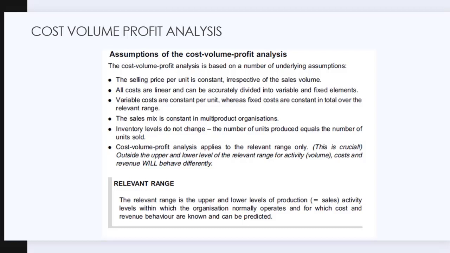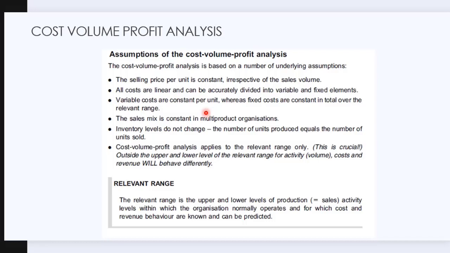Okay. So CVP has certain assumptions. The assumptions are that selling price per unit is constant, so it doesn't change depending on the sales volume. Those are some of the assumptions. And also, all costs are divided accurately, meaning you can see a variable cost and you can see a fixed cost. So you won't do CVP where you are working with a semi-variable cost, where out of the blue you have to calculate which one is variable or fixed.